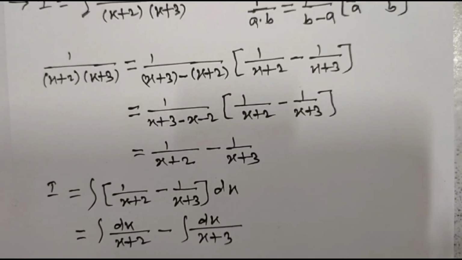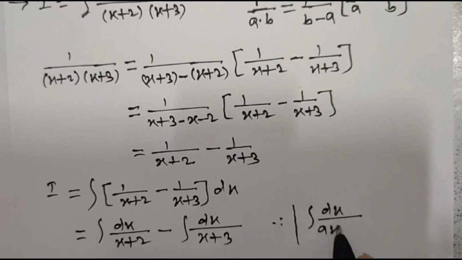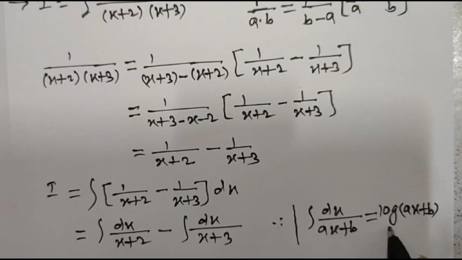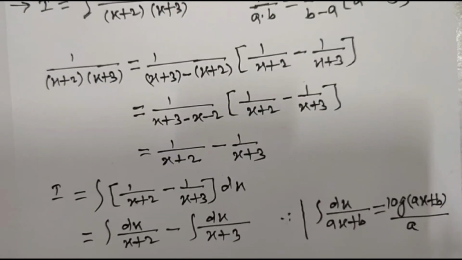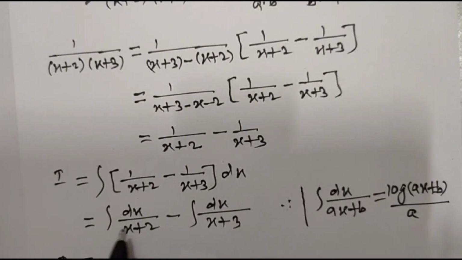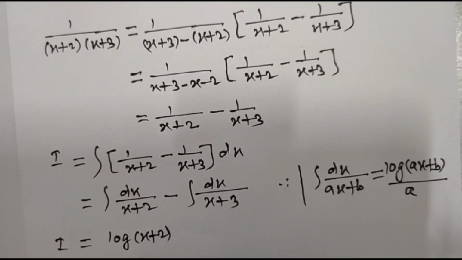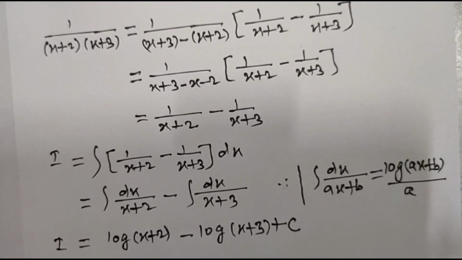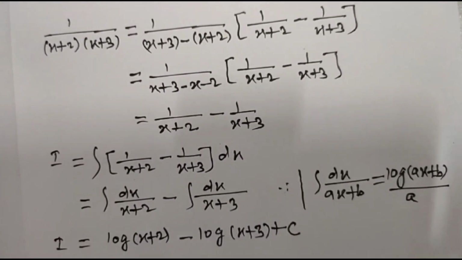Now we have to apply this formula: integral of dx divided by ax plus b is equal to logarithm of ax plus b divided by derivative of ax plus b, that is the coefficient of x, a. Now I is equal to integral of dx upon x plus 2 is logarithm of x plus 2 divided by derivative of x plus 2 with respect to x or coefficient of x, that is 1, minus logarithm of x plus 3 plus integral constant c. This is the value of the given integral.